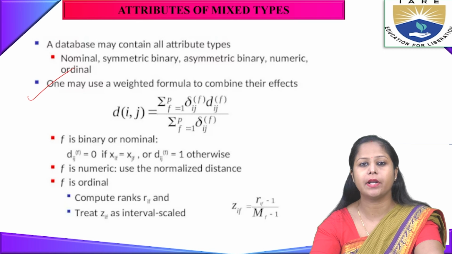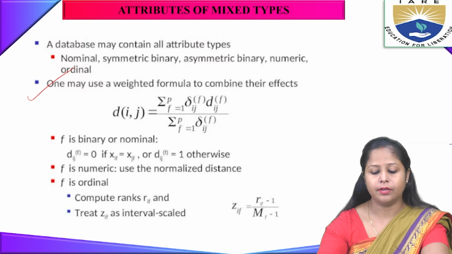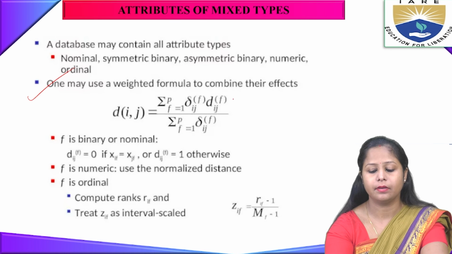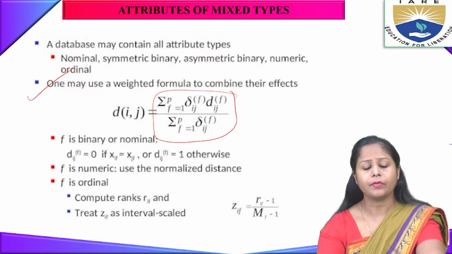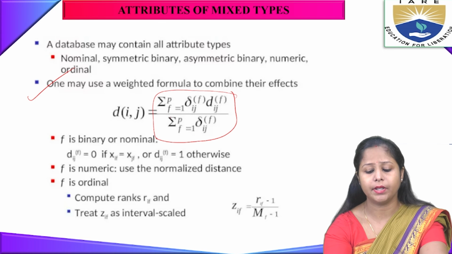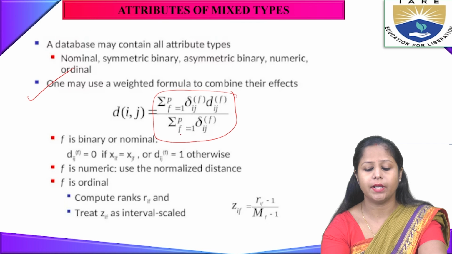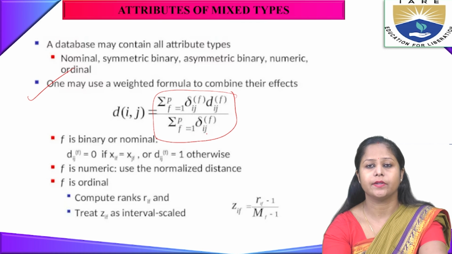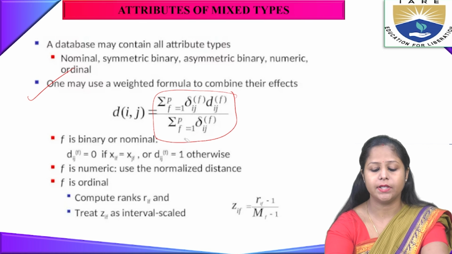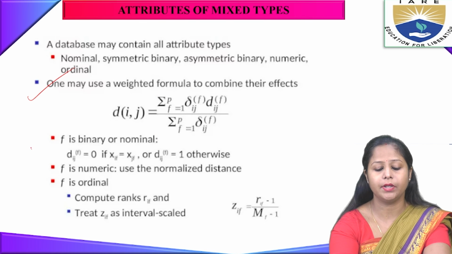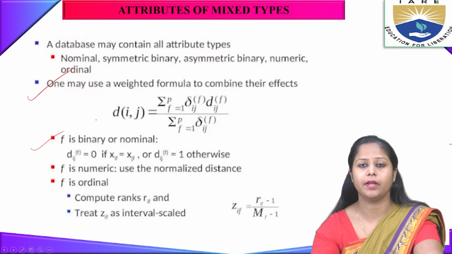To calculate the dissimilarity d(i,j), we use this formula: summation over f equals 1 to p of delta_ij^(f) d_ij^(f) divided by summation over f equals 1 to p of delta_ij^(f). So we will have the dissimilarity of i and j if we are having mixed type of attributes.